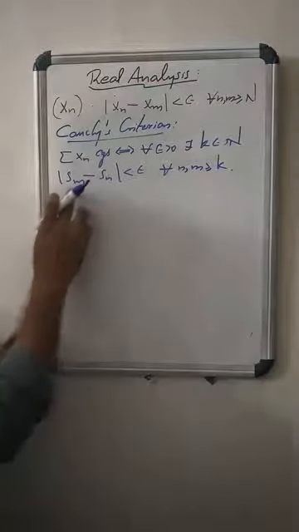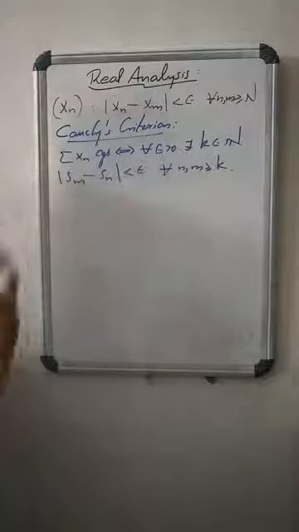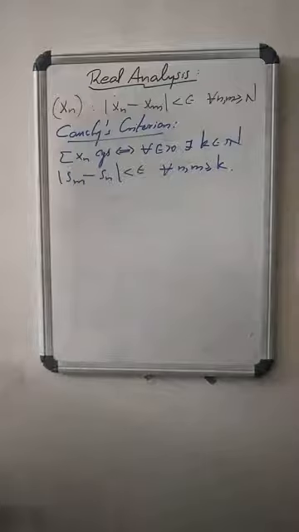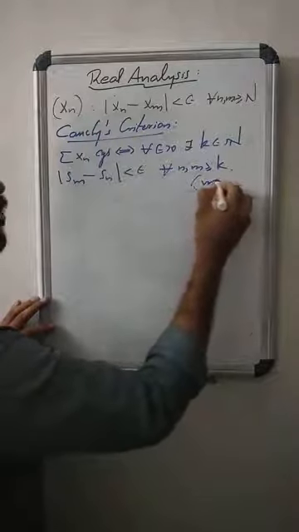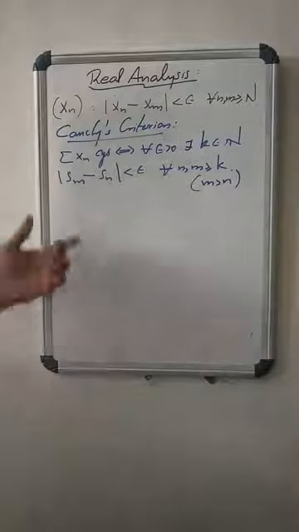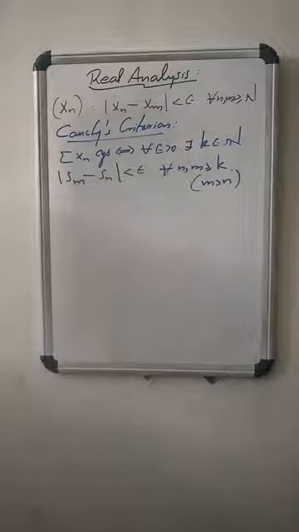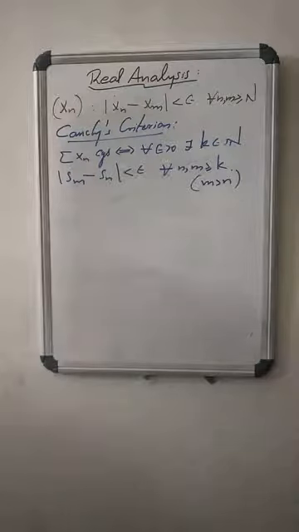What is Sn? Sn is the nth partial sum of sigma xn. So this is the Cauchy's criterion for the convergence.